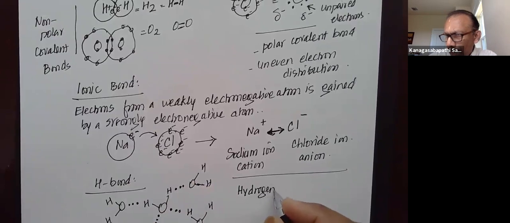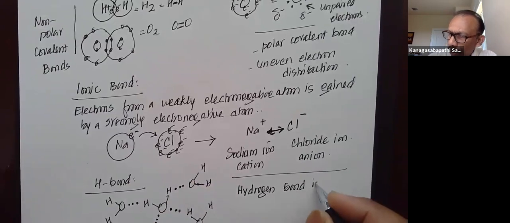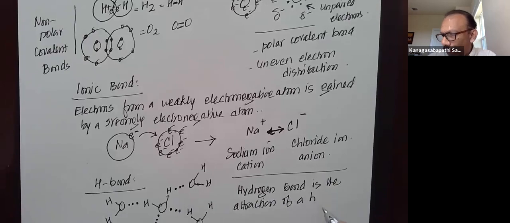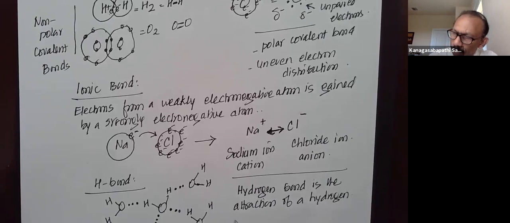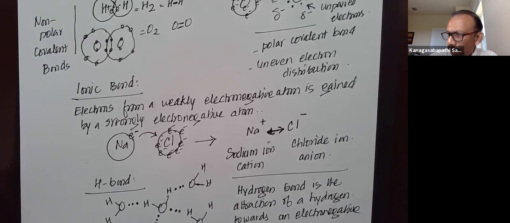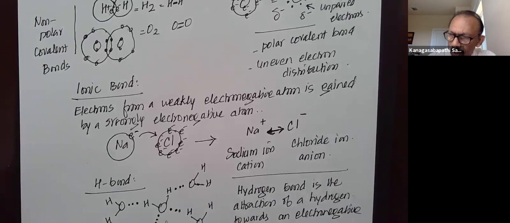A hydrogen bond is the attraction of hydrogen towards an electronegative atom. In this case, oxygen is an electronegative atom, and the hydrogen that is covalently bonded to one electronegative atom is attracted by another electronegative atom.